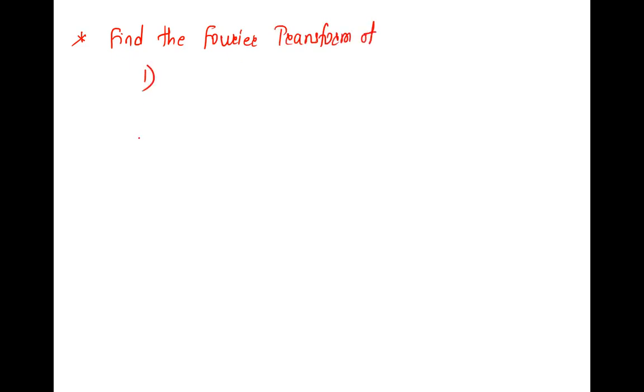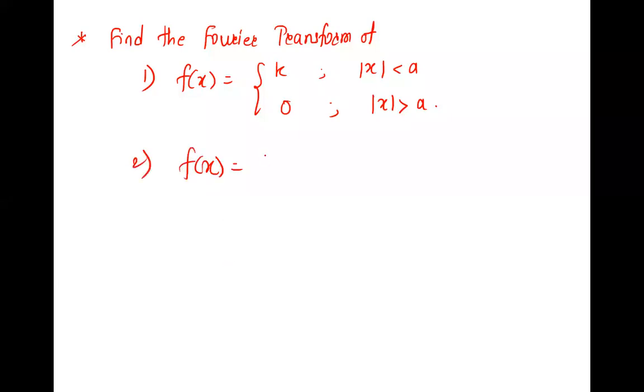Two questions you'll write. First, f of x is equal to k when mod x is less than a, and 0 when mod x is greater than a. And one more. Second, f of x is equal to x square when mod x is less than a, and 0 when mod x is greater than a.